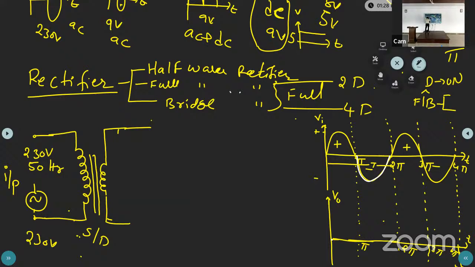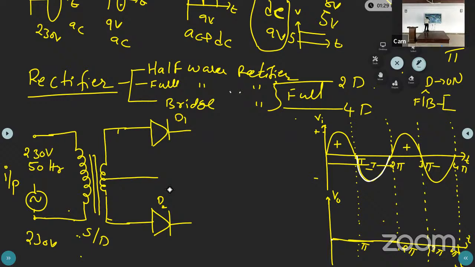Now here we are taking two diodes, that is diode D1 and diode D2. But here we are using a different transformer. In the previous case, how many wires were in the output circuit of the transformer? 1, 2. But here, there are 3 wires.